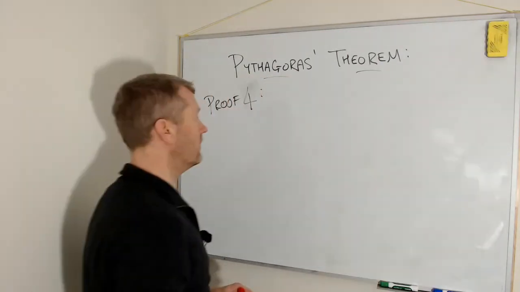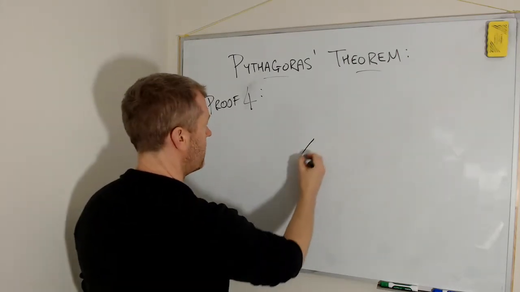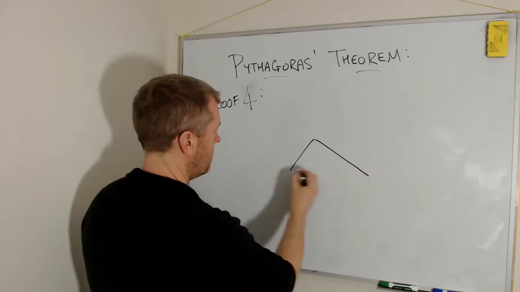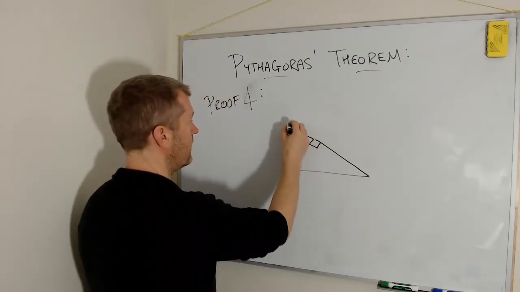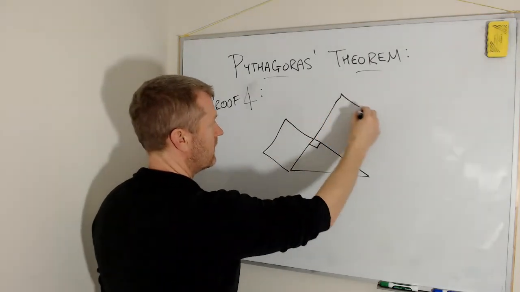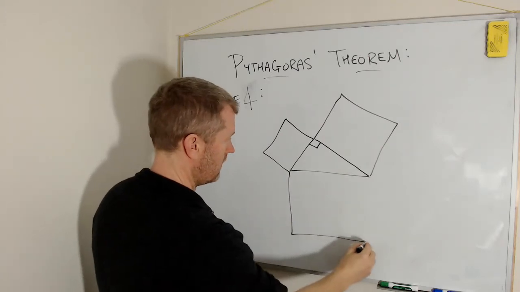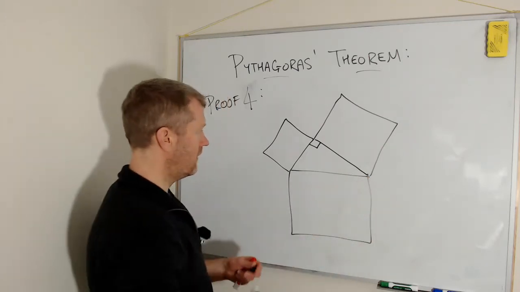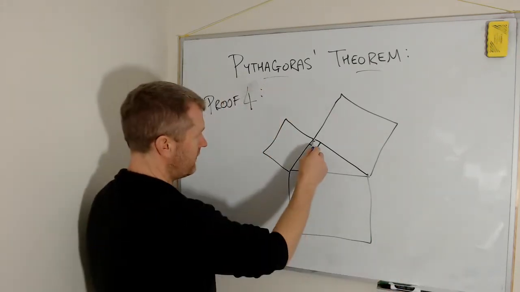Proof number 4. We're not going to draw a big square this time. We're going to start with a triangle like this with the right angle on top, and we're going to draw squares on each of the sides. Okay, what we're going to do then is drop a perpendicular down from this point down to the bottom.